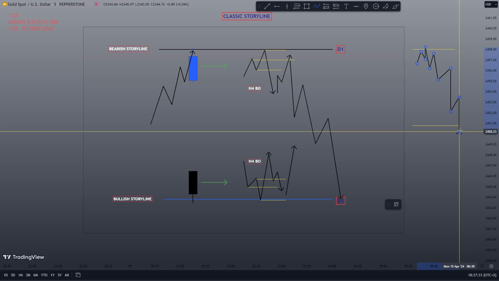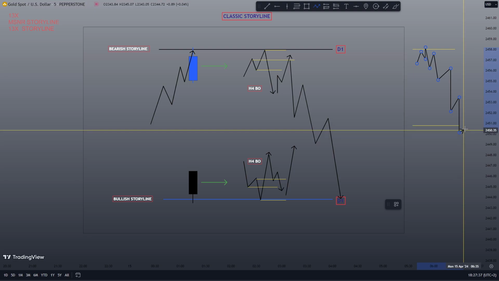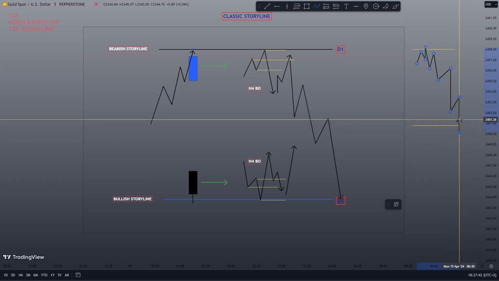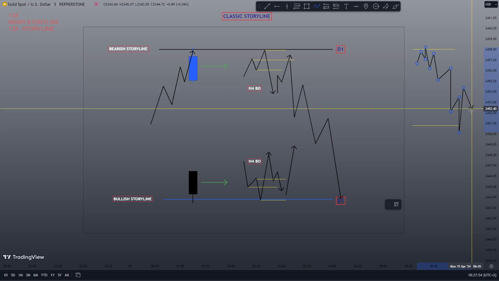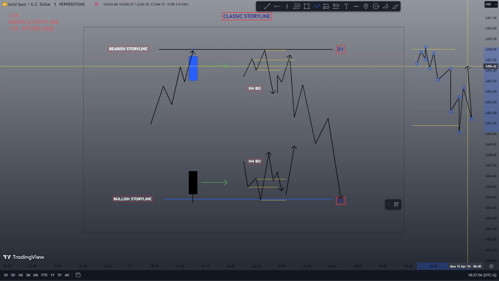If the H4 got rejected here on a daily level, we keep our sell trades, because there is a high probability that price will be rejected again and start a new story.